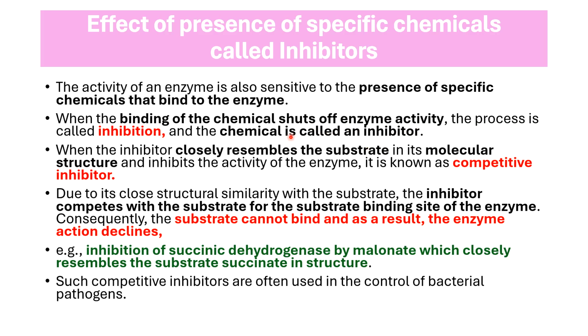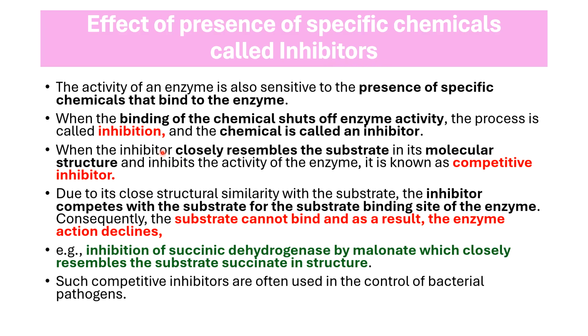So what happens is the binding of these chemicals can happen to the enzyme and that can affect the enzymatic activity, right? So if certain chemicals go and bind to the enzyme and affect or decrease the enzyme activity, we call such chemicals inhibitors.